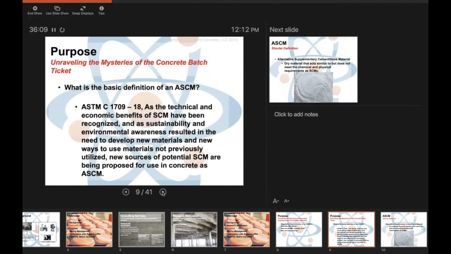But again, they just didn't have that conduit. And ASTM C1709 gives us the ability, it's a guide for the evaluation of these alternative supplementary cementitious materials. And as one of the authors said, it is one of the most practical ASTMs out there, and you'll see why in a second. Next slide, please.